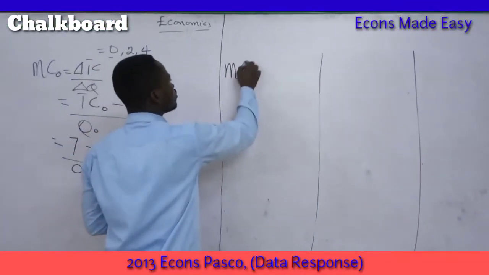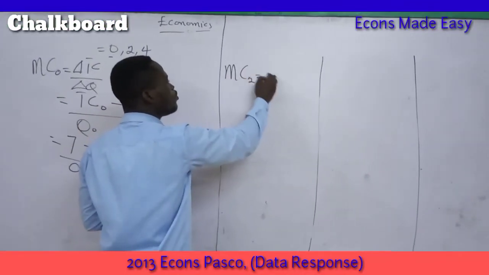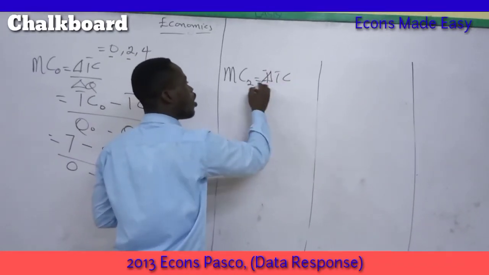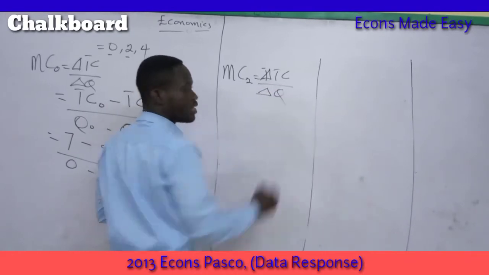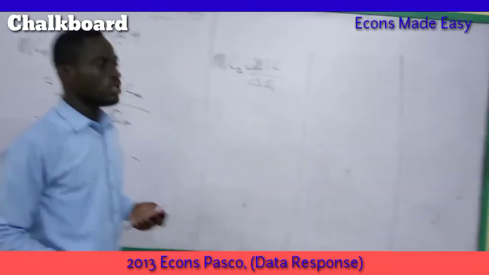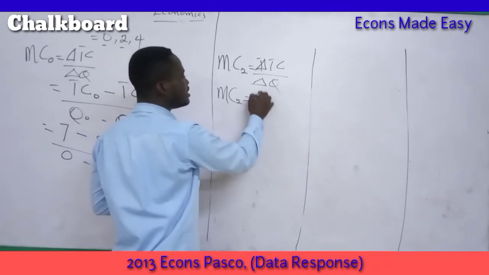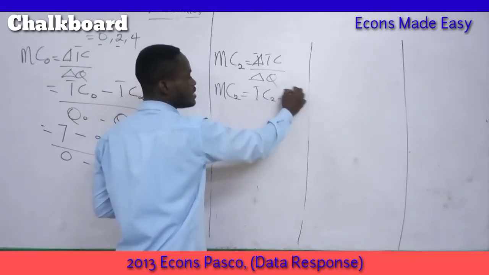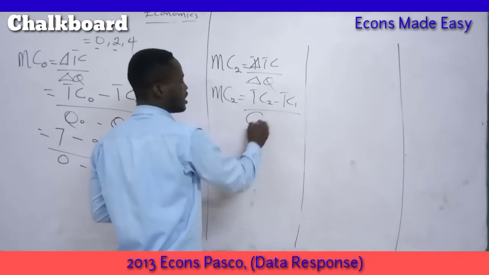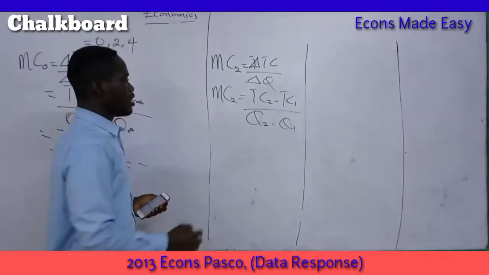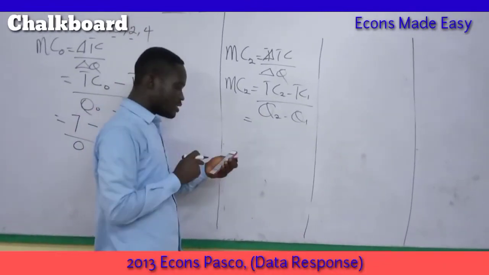So marginal cost of output 2, we're going to be changing total cost all over changing what? Quantity. And so MC2 is going to be TC2 minus TC1 all over Q2 minus Q1. And so we are going to find out what is our TC2.